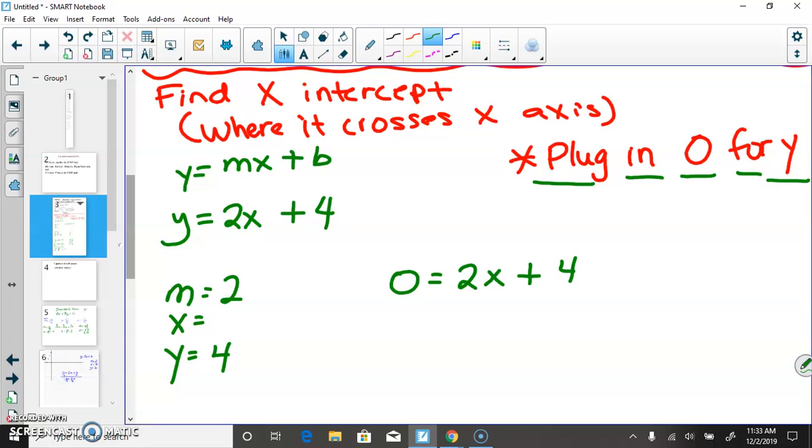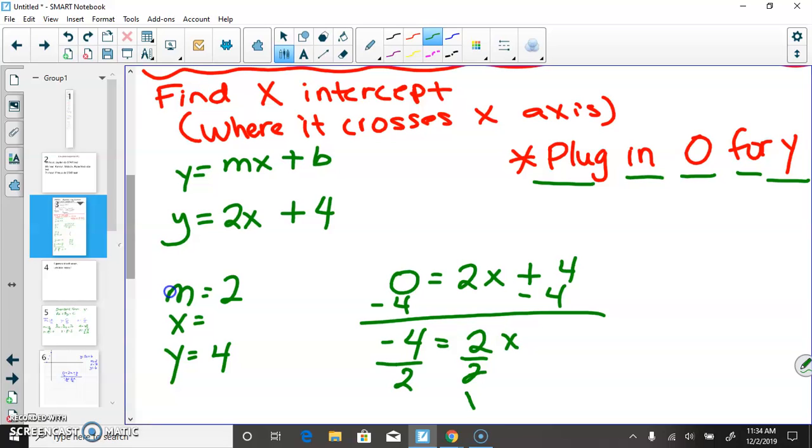What do I do with that plus 4? Subtract 4. So you have -4 equals 2 times x. Then what? Divide by 2. X equals what? -2. Is that easy? You guys want to try one on your own?